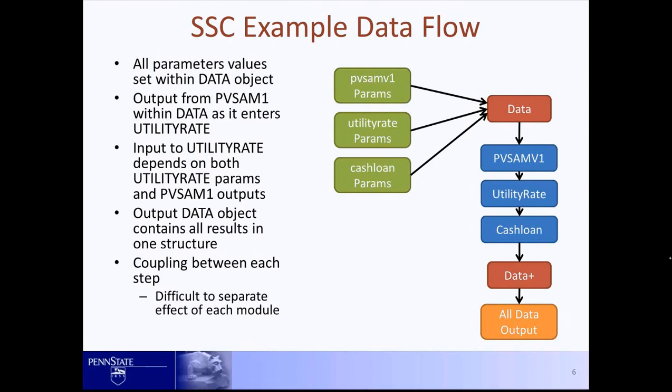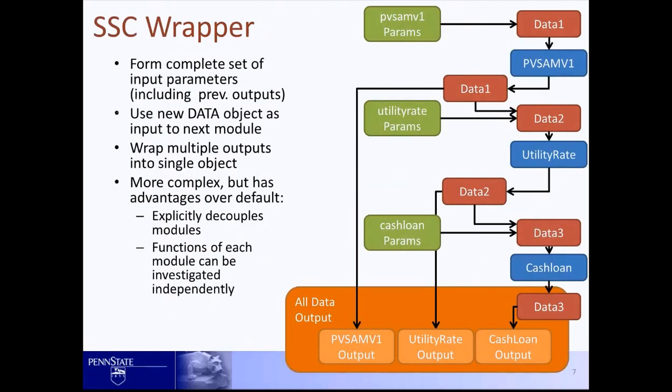So it was challenging just figuring out which parameters in the final output were brought about by PV-SAM V1, and which were brought about by utility rate. It's possible to access that information through the documentation, but in terms of testing the code, we found it's much easier if you revise how that data flow goes.